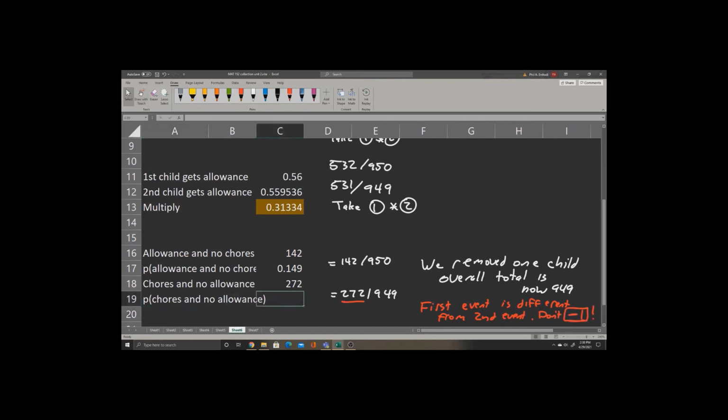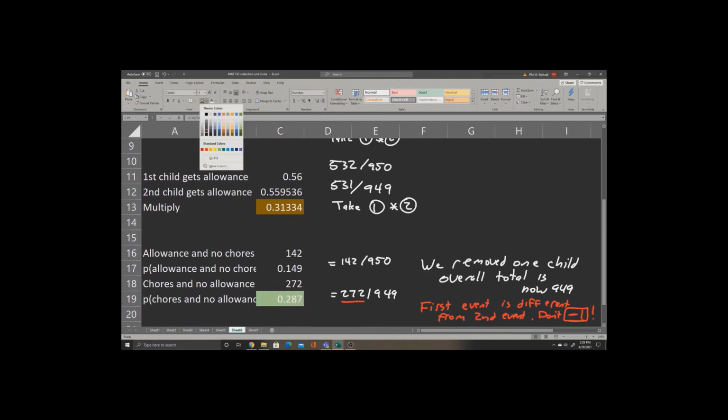So to calculate the probability, we'll say equals the 272, divided by 949. So now we have the probability of the first event is 0.149, and the probability of the second event is 0.286617. Again, we'll reduce the decimals.